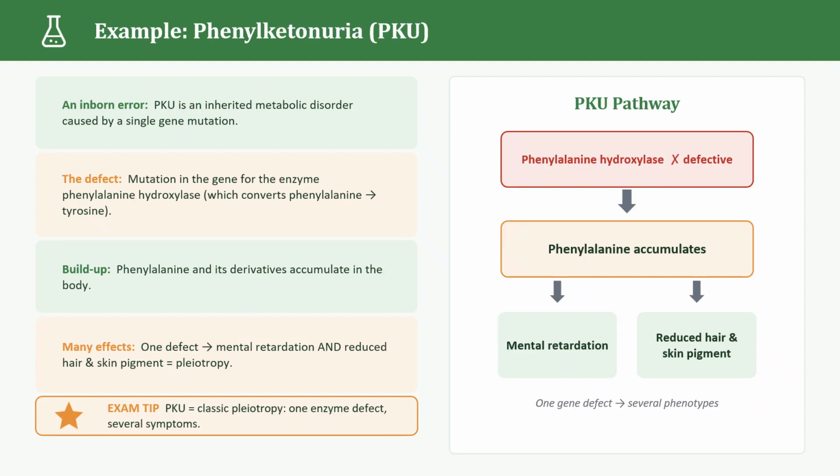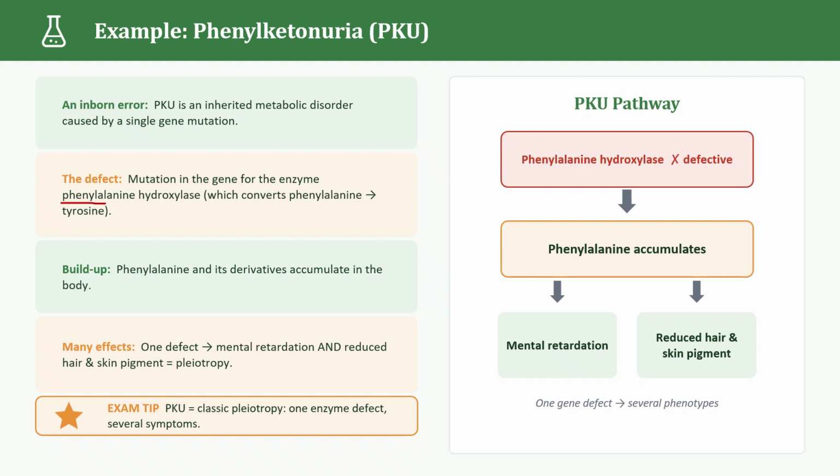So let's see an example for pleiotropy: phenylketonuria, short form PKU. So what is phenylketonuria? Phenylketonuria is an inherited metabolic disorder caused by mutation in a single gene. This gene normally produces the enzyme phenylalanine hydroxylase.